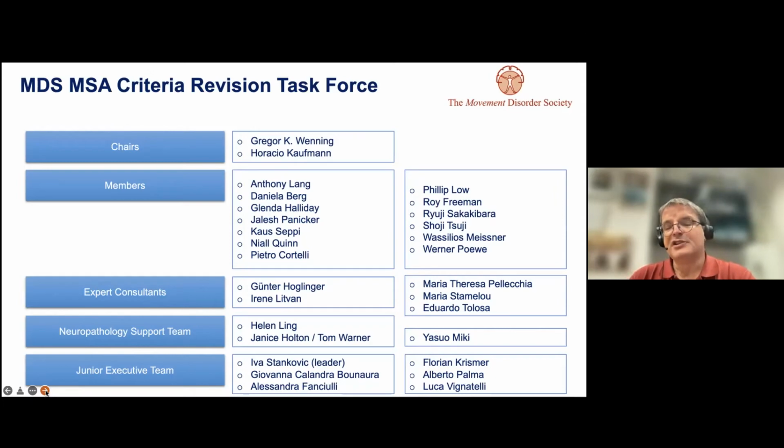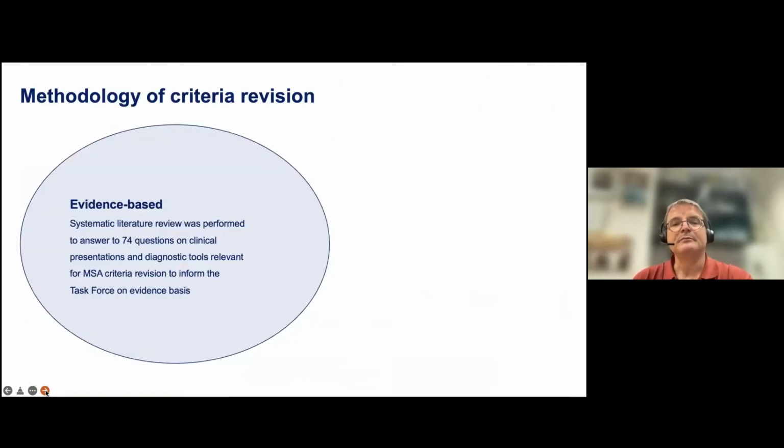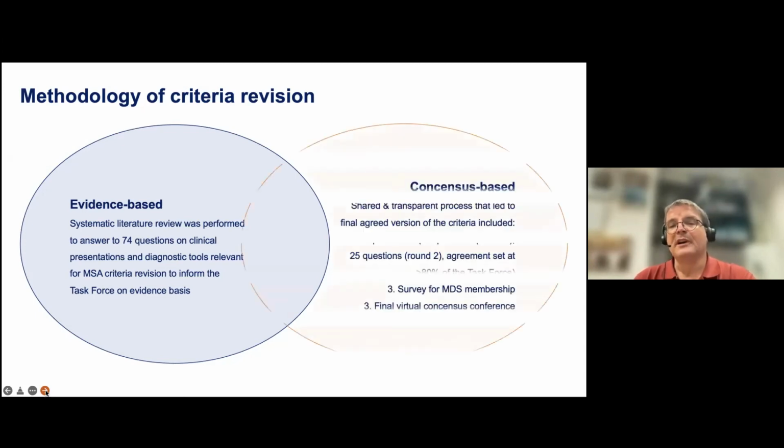Iva Stankovic was a great coordinator, leading a junior executive team. The methodology of revising the current criteria was evidence-based. A lot of literature searches were performed on MSA criteria and diagnosis, and that presented the evidence basis for the task force to move on.